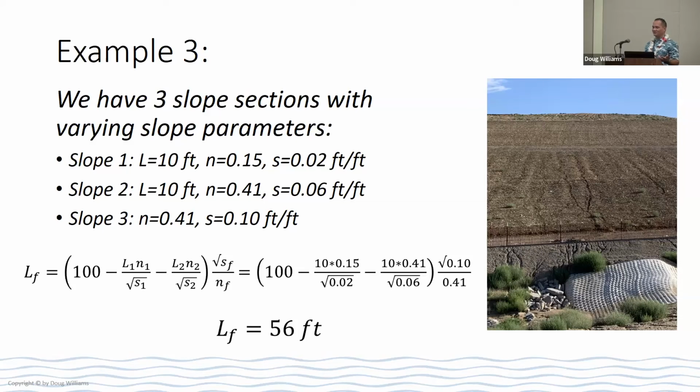It's a useful way to figure out when that transition is going to occur. So 56 feet down the slope, I'm going to put a berm with a swale to capture that flow and send it to some down drain, a controlled flow path.